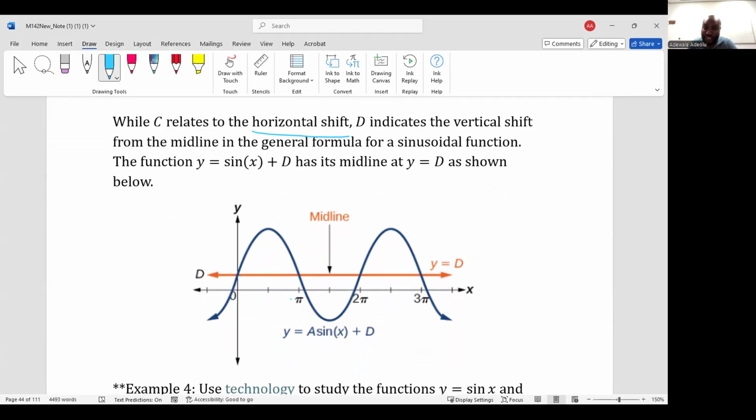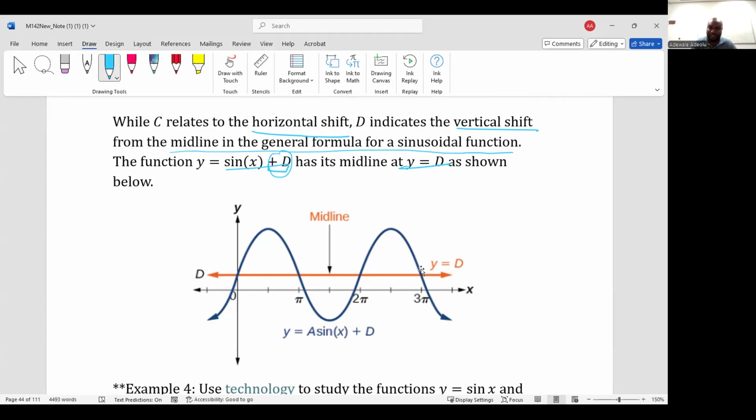What about D? We say D indicates the vertical shift from the midline in the general form for a sinusoidal function. I talked about that the other time. Let us look at the function sine of x plus D, which has its mid value at y equals D. Now, that is the cool thing. When D is not 0, the midline is going to be the value of this D. Then we say y equals D is the midline.